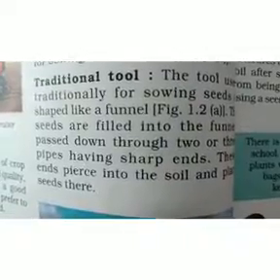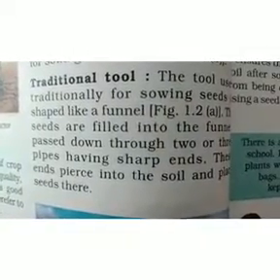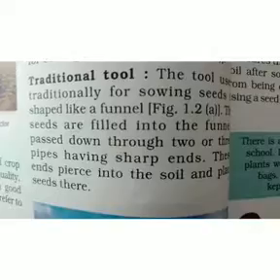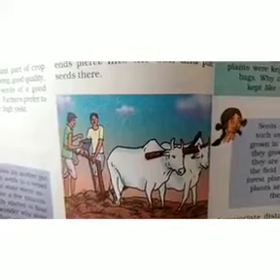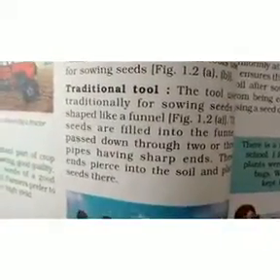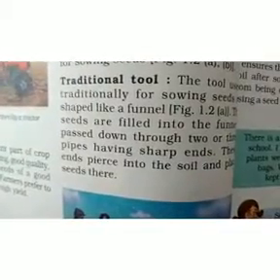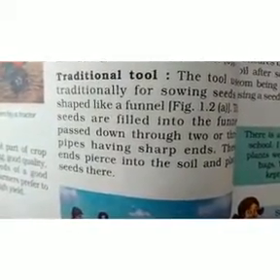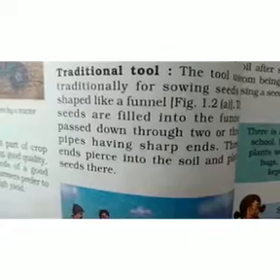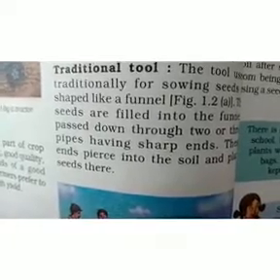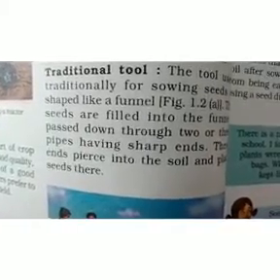First, let's see traditional tool. The tool used traditionally for sowing seeds is shaped like a funnel. You can see in the picture, it's just like a funnel with long tail. Seeds are filled into the funnel, pass through 2 or 3 pipes having sharp ends, and these ends pierce into the soil and place seeds there.